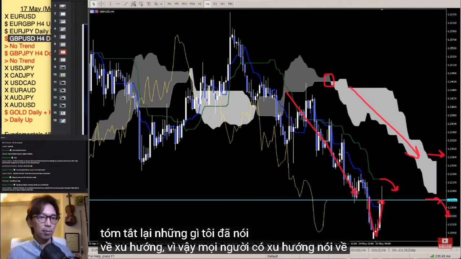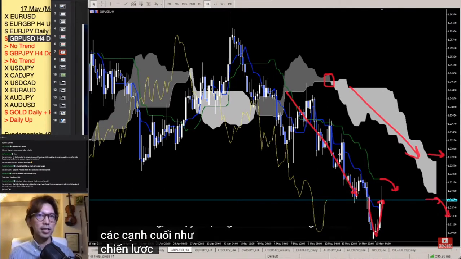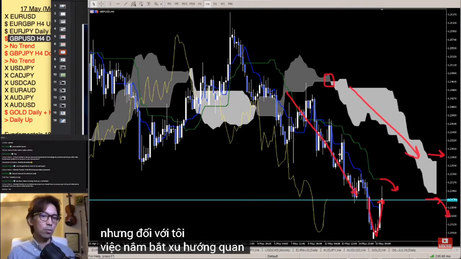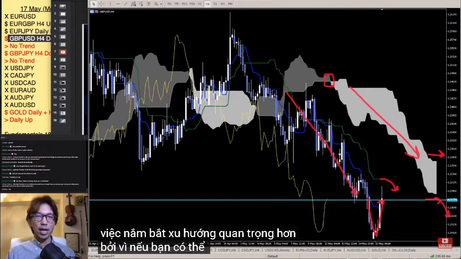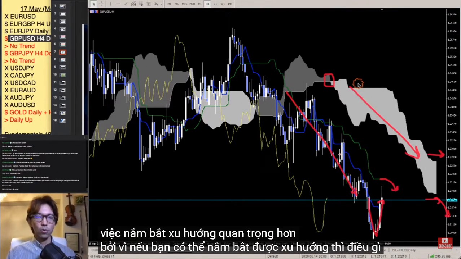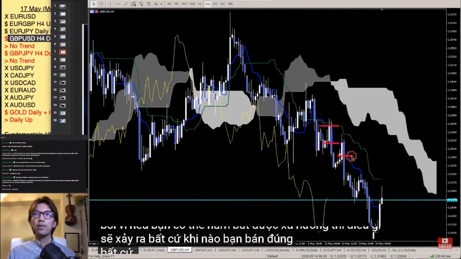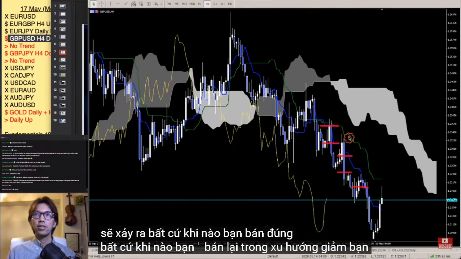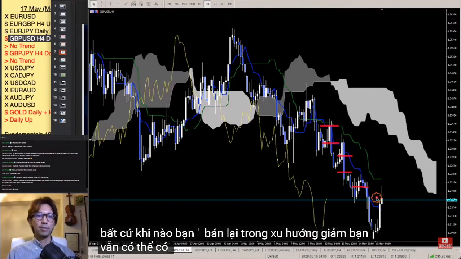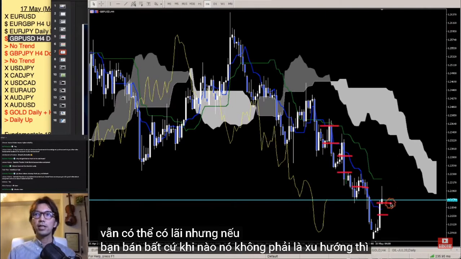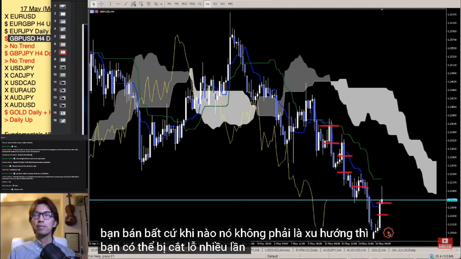People tend to talk about trading edges, like trading strategies, where to buy, where to sell, but to me, capturing a trend is more important. If you can capture a trend, whenever you sell in a downtrend, you can still run profit. But if you sell whenever it's not a trend, then you might get stopped out many times.